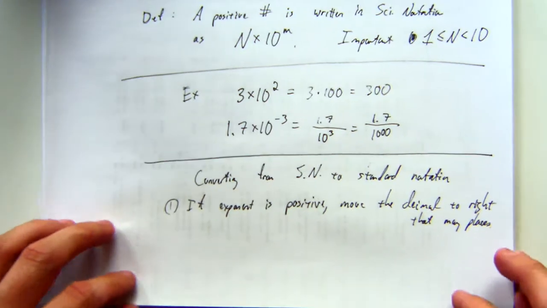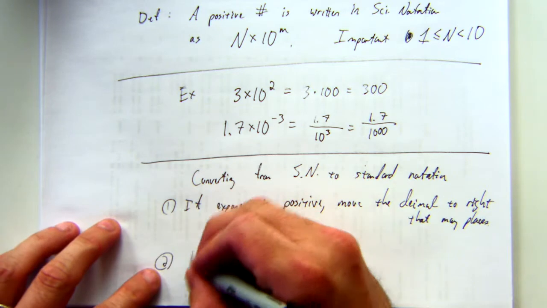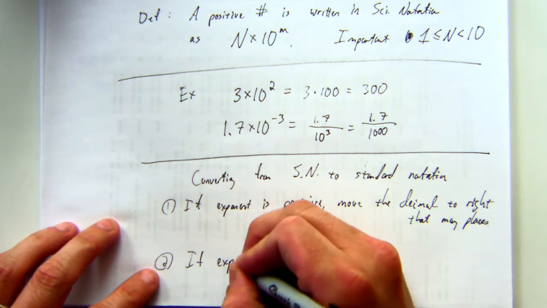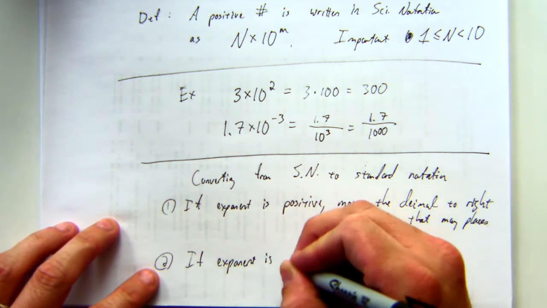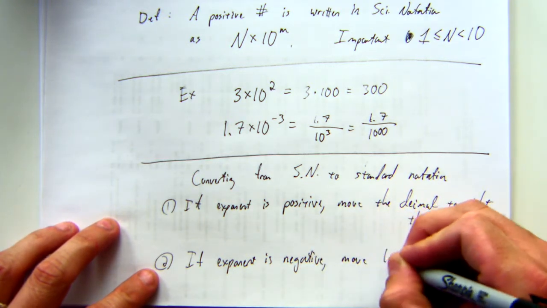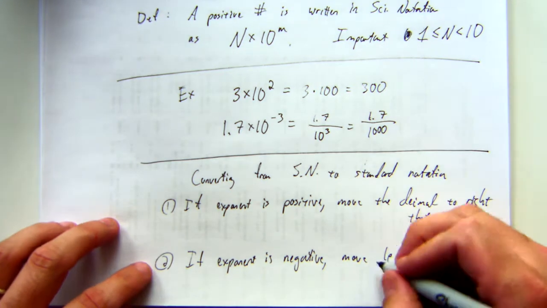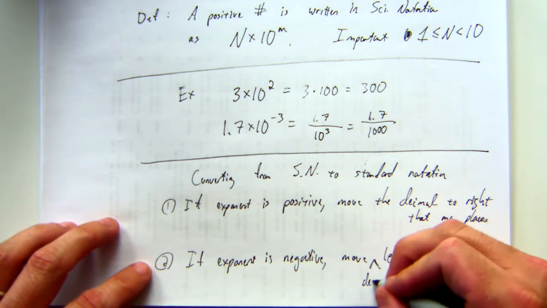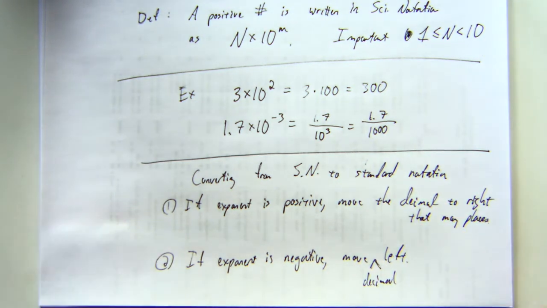You guys know this rule? What do we do if the exponent is negative? Move left. I should say, a little bit more carefully, move the decimal left.